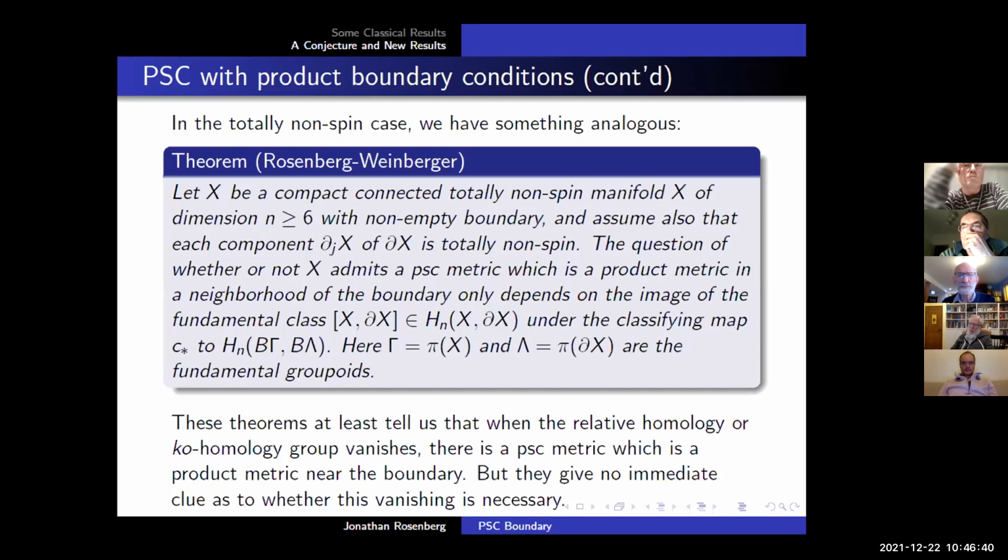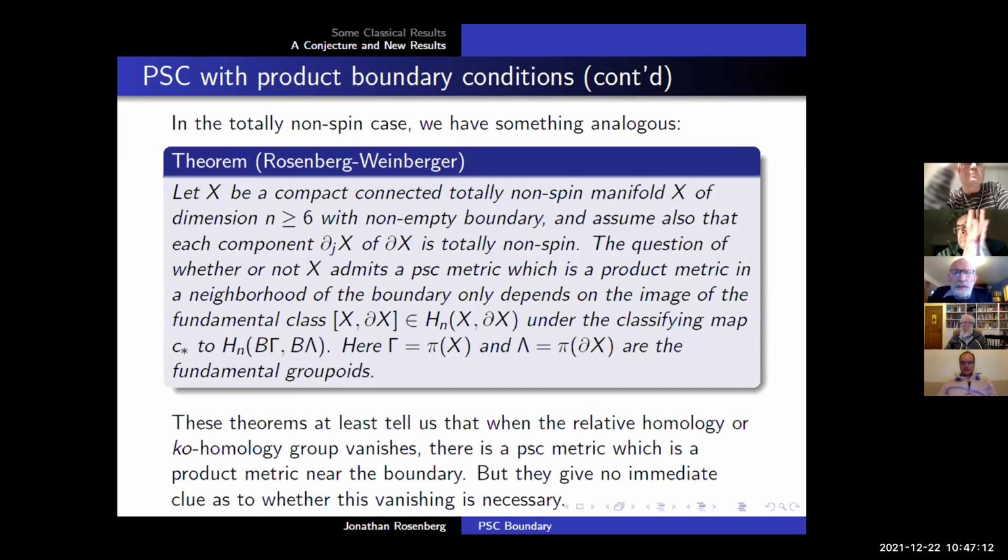Okay, so the idea is that to compare these two conditions, you need some tricks using topology. It's not a matter of local differential geometry. Well, the Baer-Hanke theorem is just local differential geometry. Ah. They don't use any topology really. They're just using local differential geometry to deform the metric near the boundary a little bit.